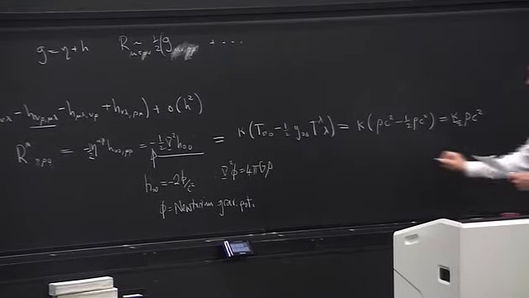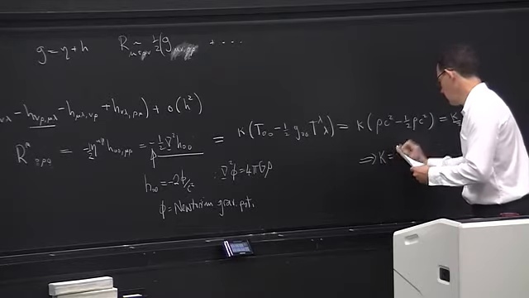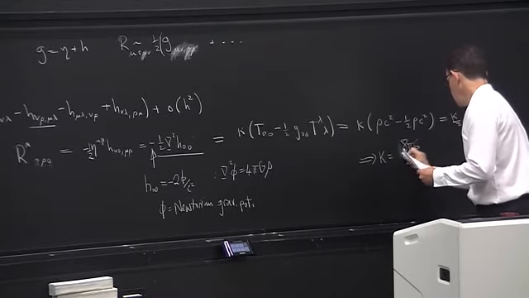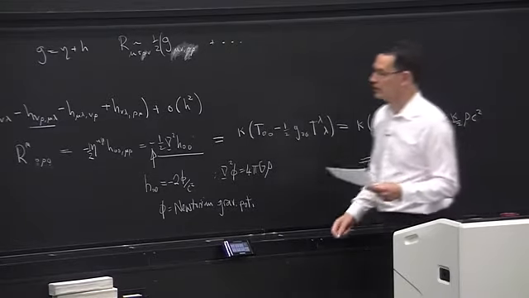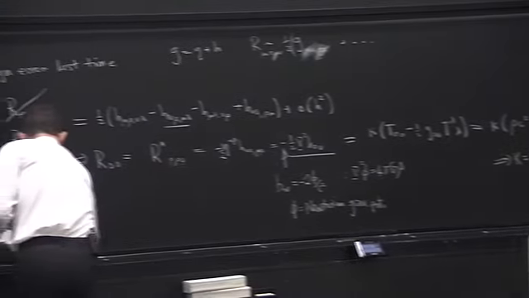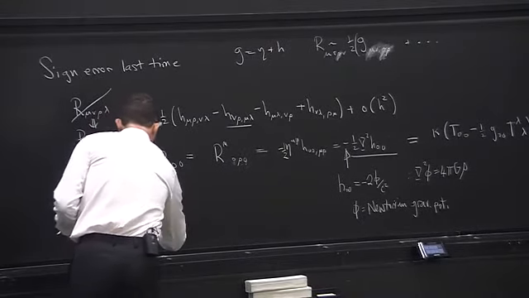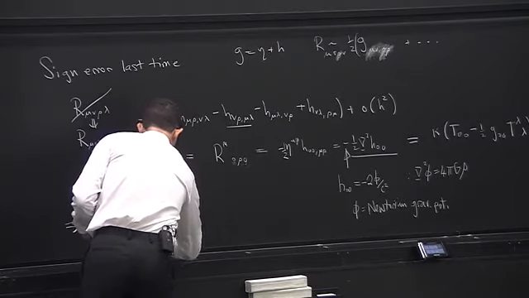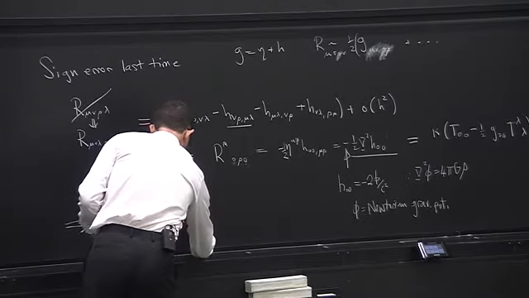Equating the two sides, we get kappa equals 8 pi G over c to the fourth. And so we infer the Einstein equations: G alpha beta is 8 pi G over c to the fourth T alpha beta.